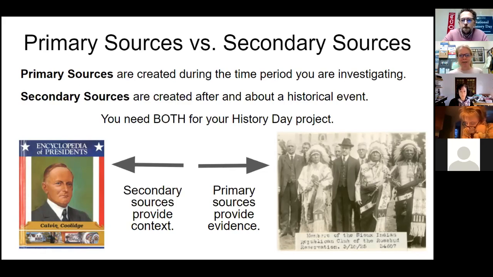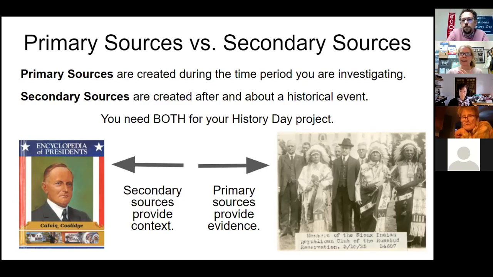If they just use secondary sources, their projects aren't usually as strong as others that also use primary sources. So we're going to talk about primary sources, but also a little bit about secondary sources. There are a lot of different definitions of primary and secondary sources. I chose to use the ones that are in the History Day rulebook, just for simplicity.